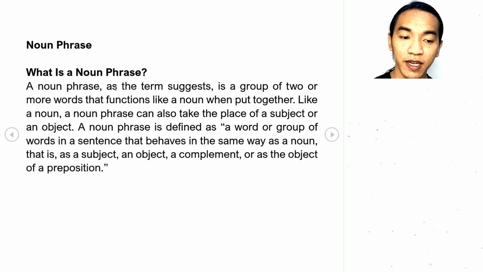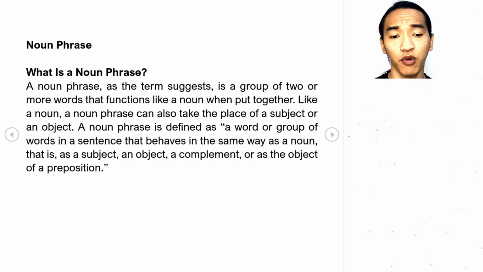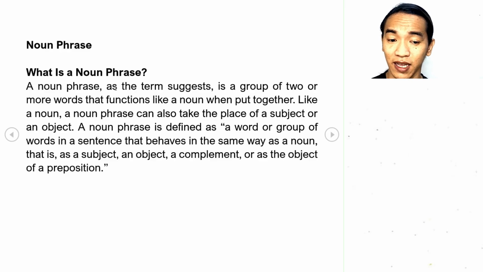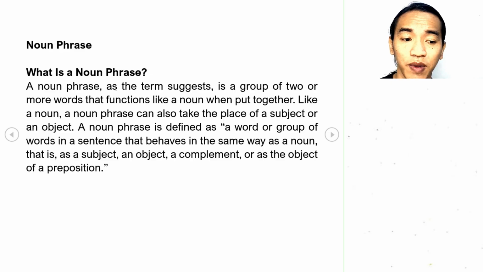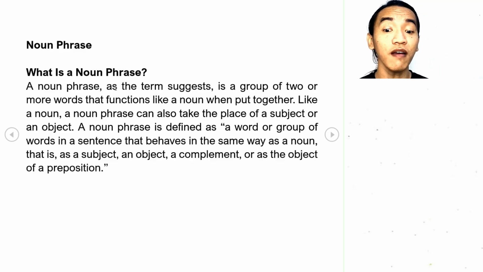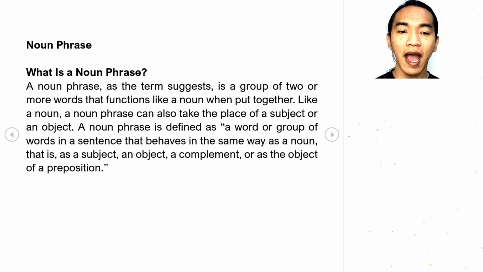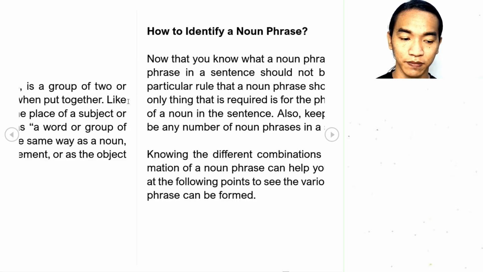So a noun phrase is defined as a word or group of words in a sentence that behaves in the same way as a noun. That is a subject, an object, a complement, or the object of the preposition.